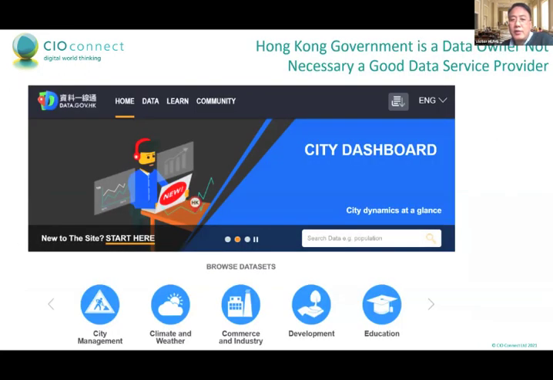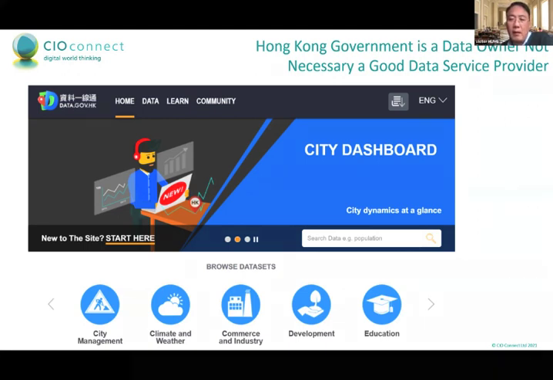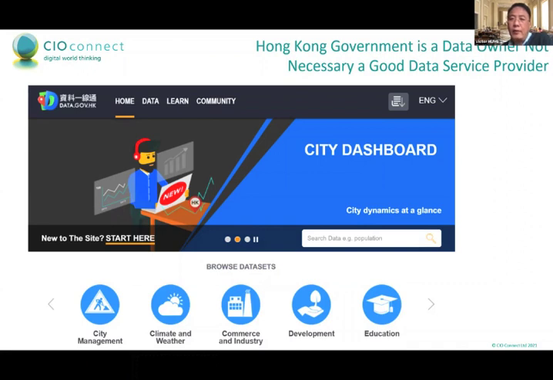So it seems the government is a data owner, but not necessarily a good data service provider. So I think it is now time to think about the open data policy objective: to provide good data service to the public to enhance economic and social benefit to the community.